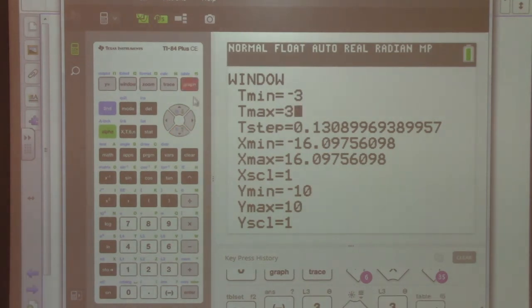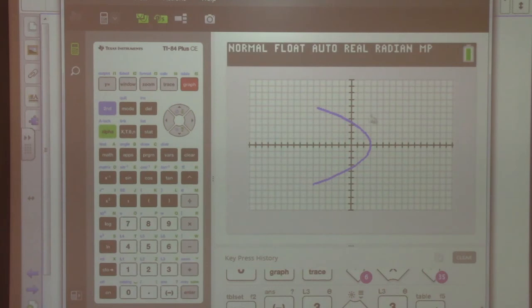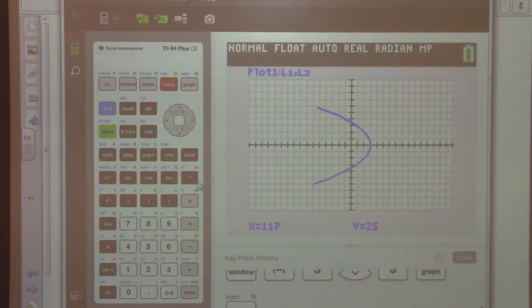And so we get this piece like this, right? And then if we trace, we start here at t equals -3, and then as we increase time, we go in this direction.